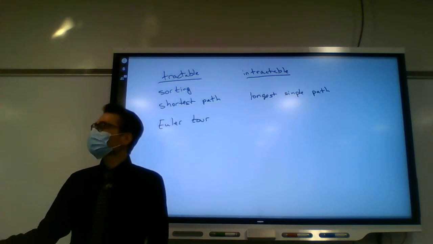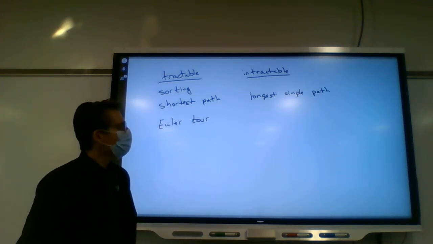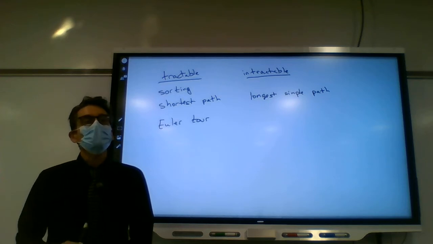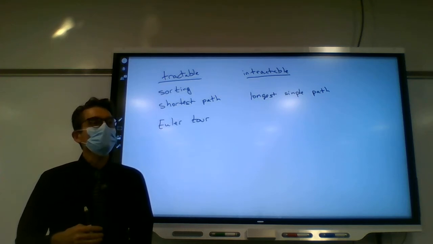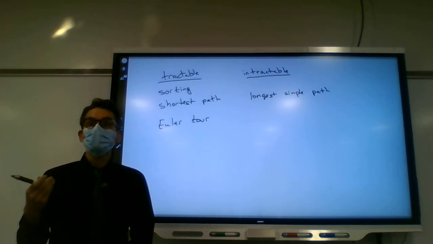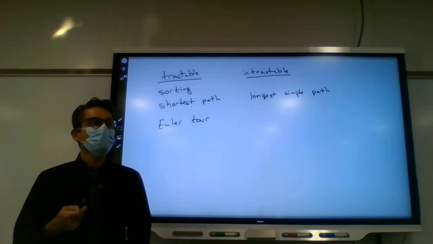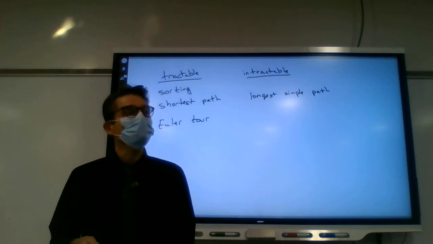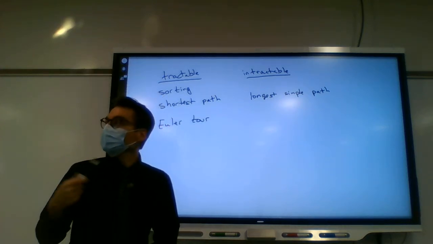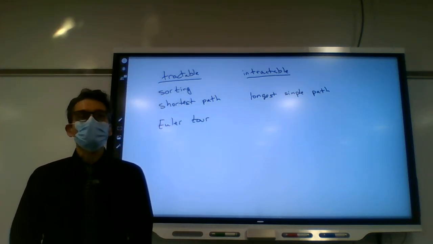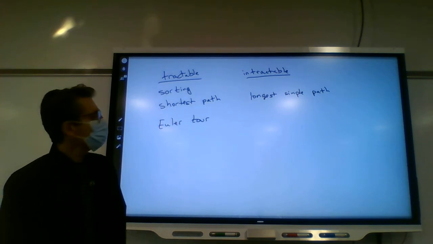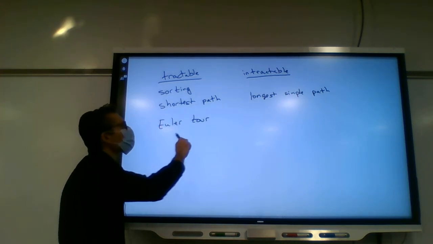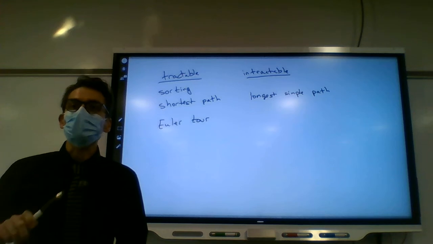What do we do to see if there's an Euler tour that starts and ends at the same place? We would count the degrees, check the degrees of each vertex. If there are any odd degrees, there's no Euler tour. If they are all even and the graph is connected, then there's an Euler tour. Not only can you check to see if there's a tour, you can find such a tour.